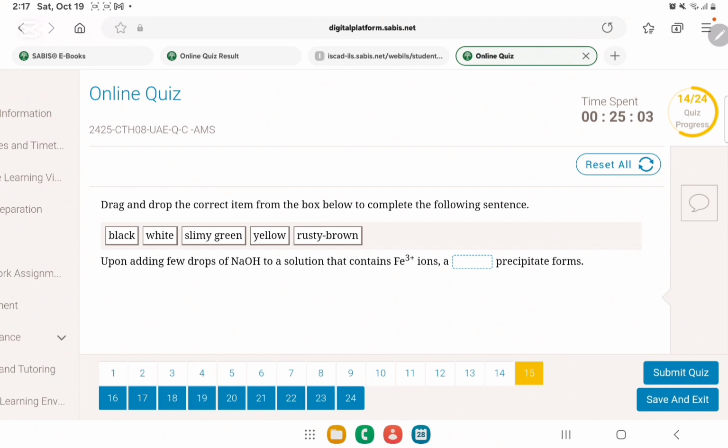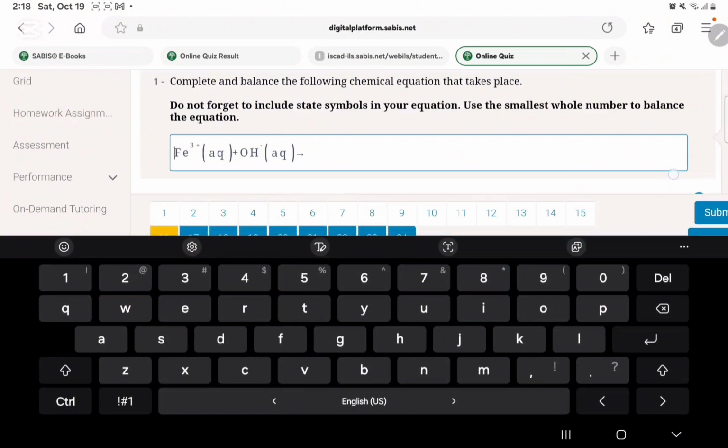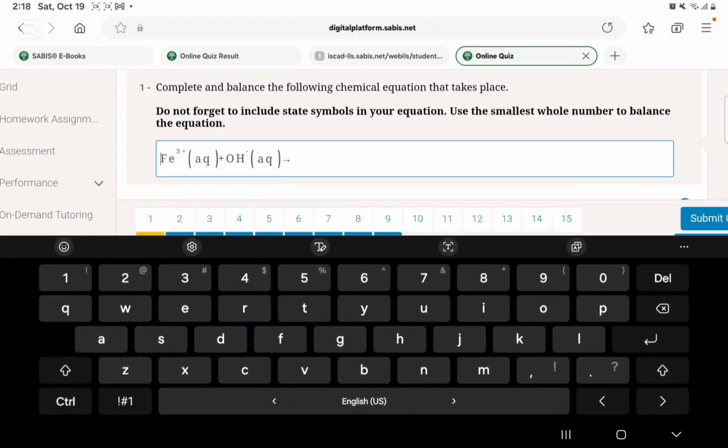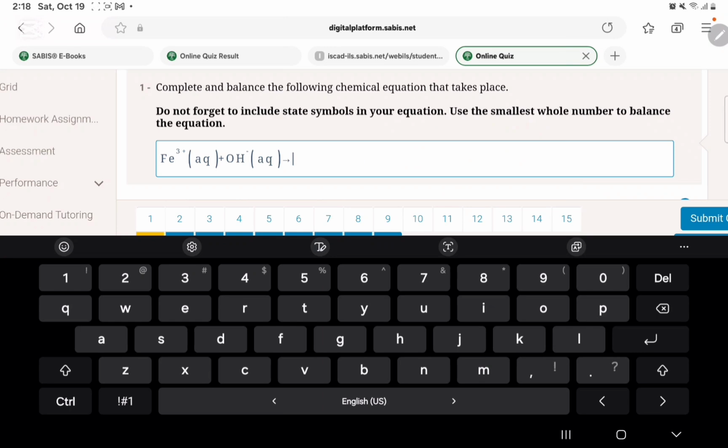Upon adding a few drops of NaOH to Fe3+, Fe3+, when you add NaOH, you get a brown precipitate. Okay, this again. When we cross multiply Fe3+ and OH minus, you get Fe(OH)3, solid.